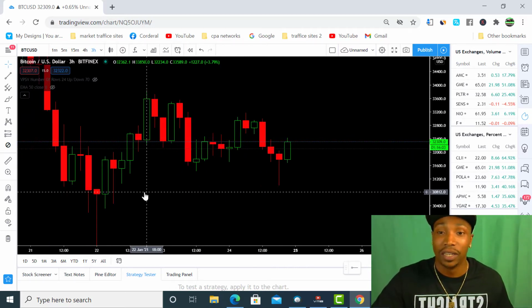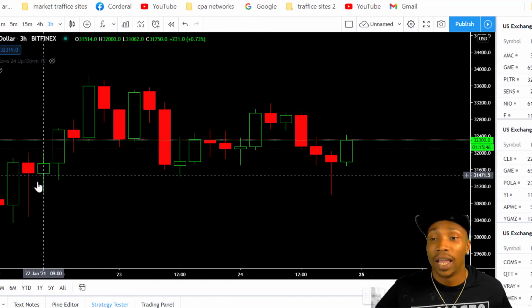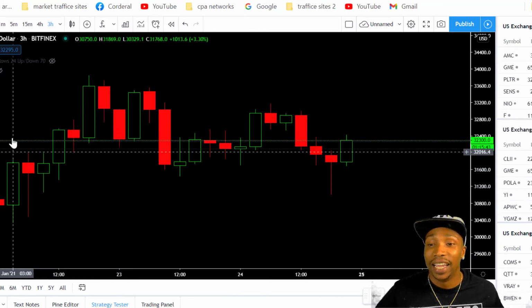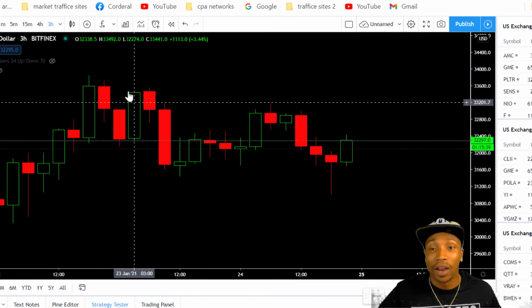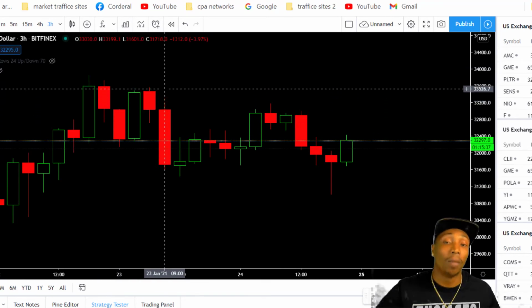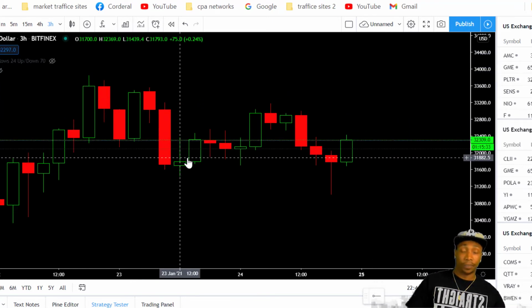So as you see right here, we have a green bullish candle indicating that the market is going up. And we also have a red bearish candle indicating that the market is now going in a downwards direction.